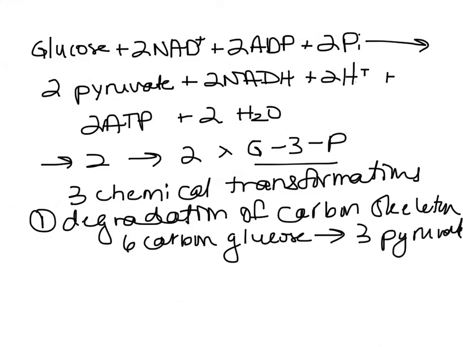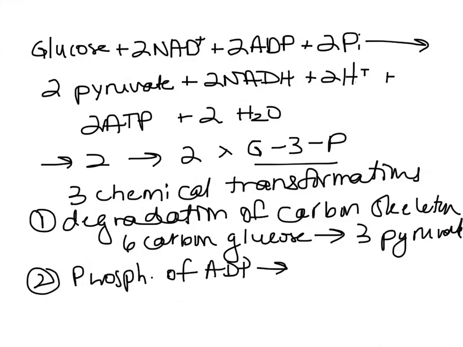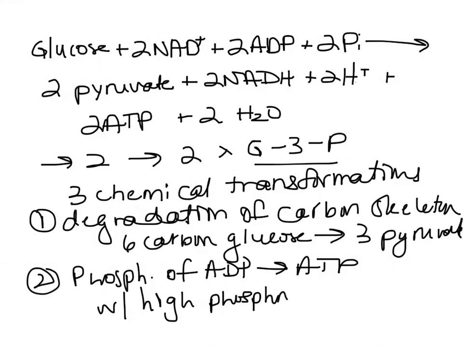We had phosphorylation of ADP to make ATP, and this was done by compounds with high phosphoryl group transfer potential.